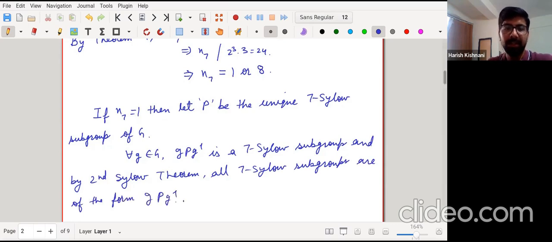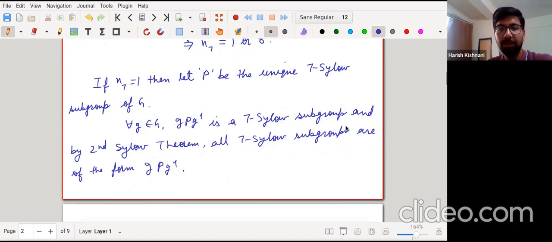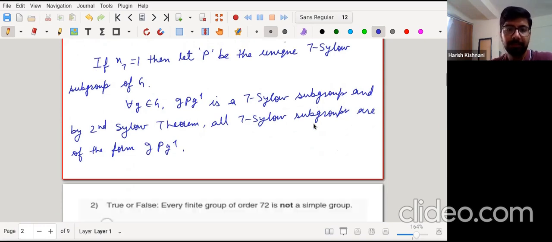So what I'm saying is, for any g, gPg inverse is a 7 Sylow subgroup, and all 7 Sylow subgroups are of the form gPg inverse. So the set of 7 Sylow subgroups is just the conjugates of P, right?